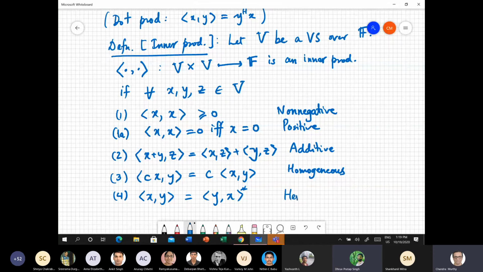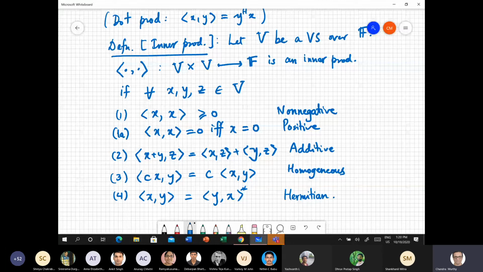Sir, why in the definition is it V cross V? Because it's taking two vectors in V as its input argument. So it's the Cartesian product of V with itself. But both the vectors are in V itself, right? Yeah, they need not be the same vector though. It's x and y in V. So you can take any vector in V and any other vector in V and ask what is their inner product.